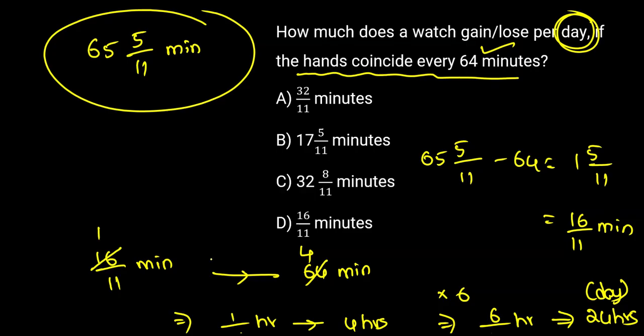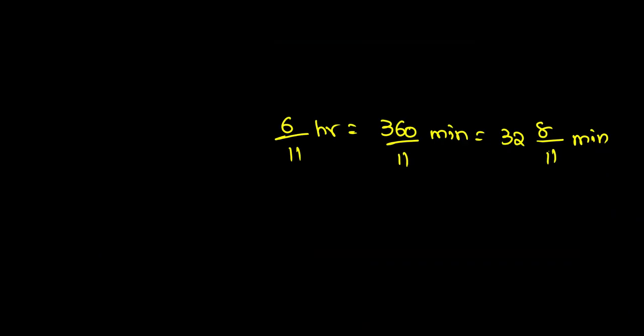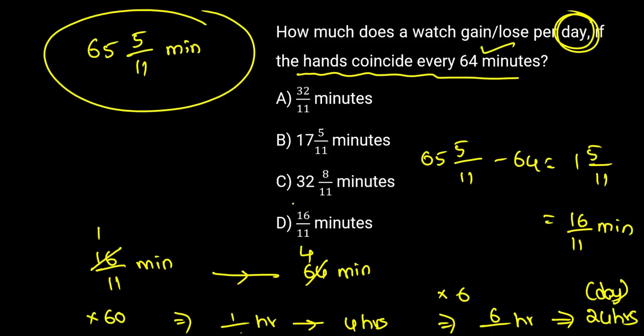Both terms are in minutes, and both can be converted into hours by multiplying by 60. Then multiplying by 6, I can say in a day how much you gain or lose is 6/11th of an hour. If you convert that into minutes, this is the answer. Right. So with this, that faulty watch model is also covered.